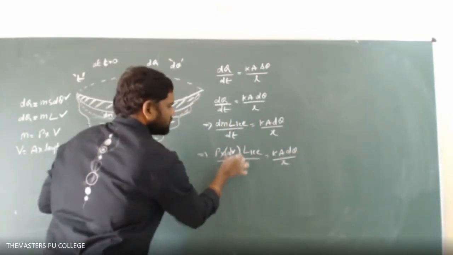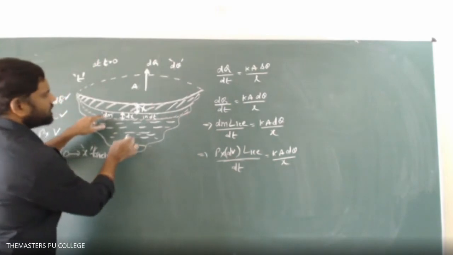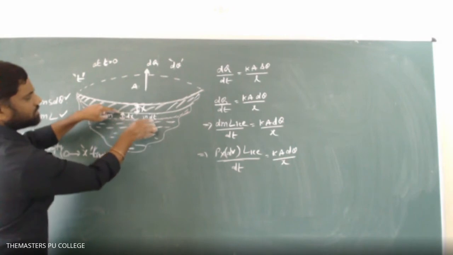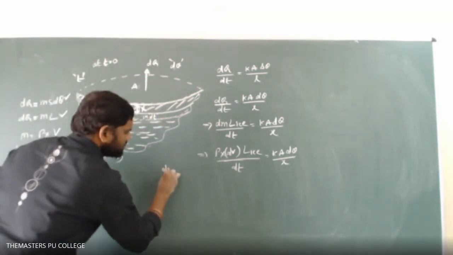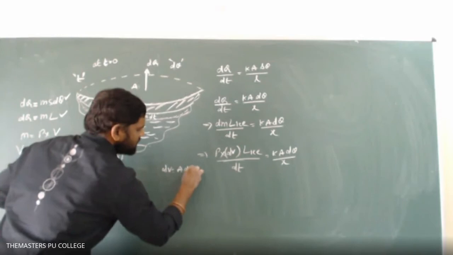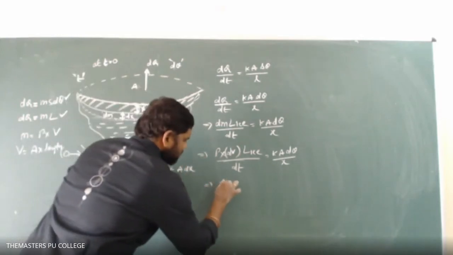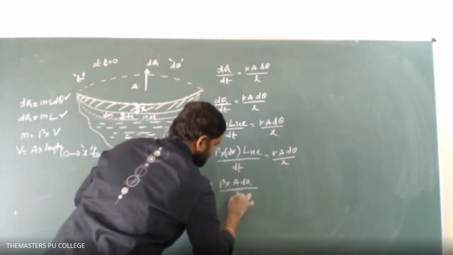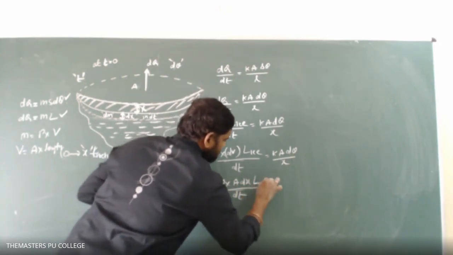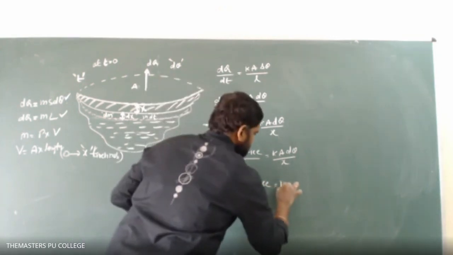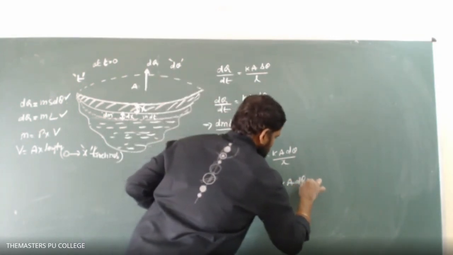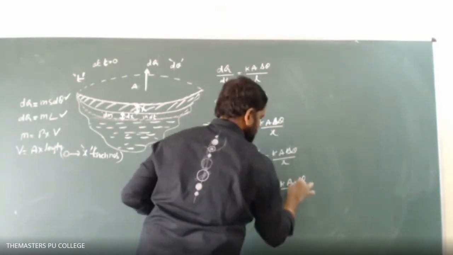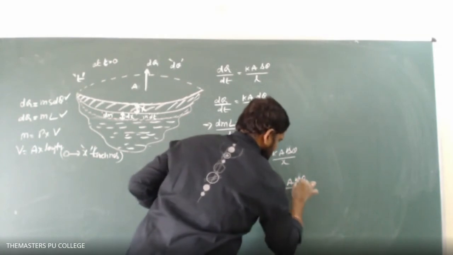Volume dV can be written as area into the growth of the ice layer dx in a time dt. So dV equals A dx. That implies rho A dx divided by dt into latent heat of ice equals KA delta theta divided by x.